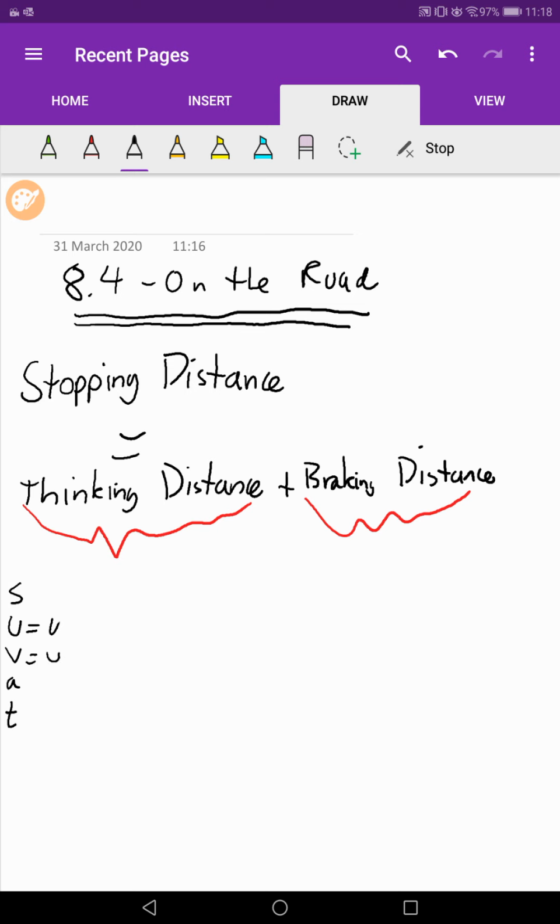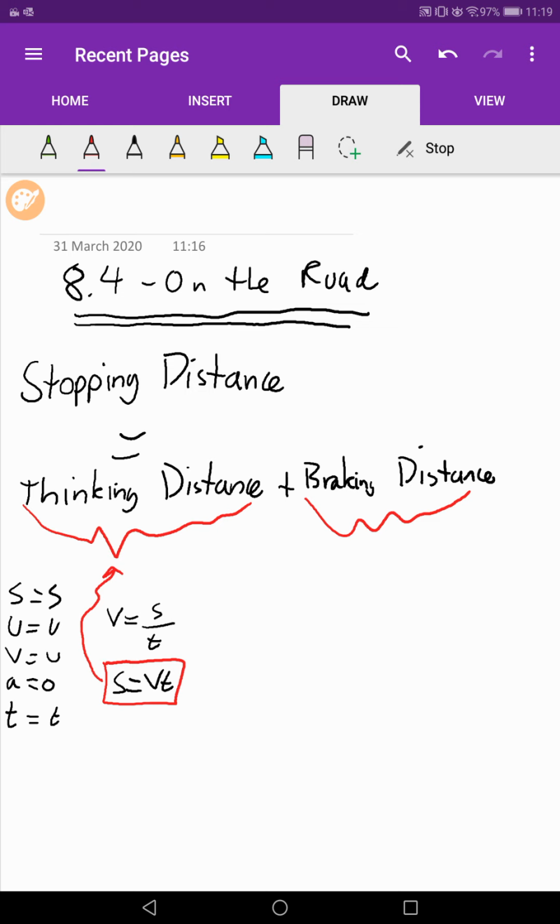It's just the distance that our car travels while we're thinking about braking. So the acceleration is going to be 0, the S is going to be S, and we've got T. So it's just a simple speed equals distance over time. So speed, which is U, or V in this case, we use V. Speed equals distance over time. So our distance equals Vt. And that is our thinking distance, S.